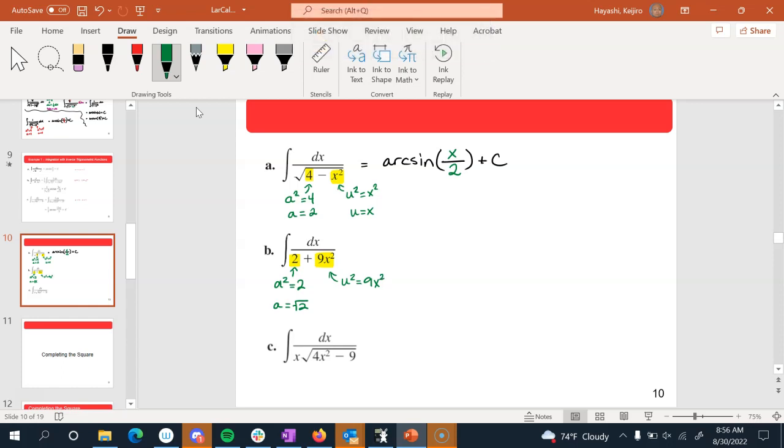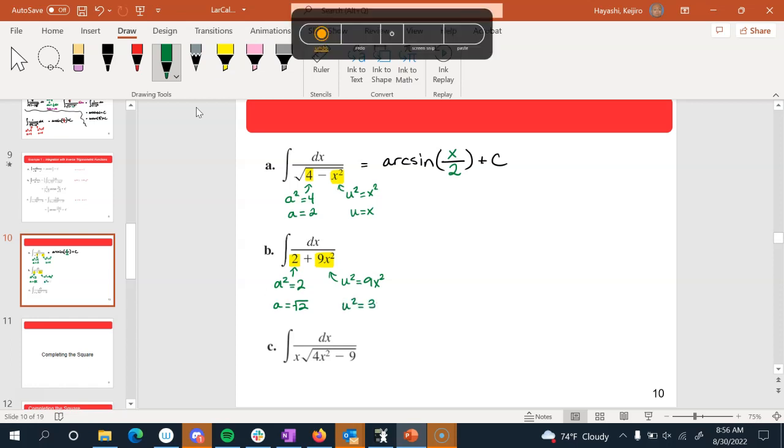And so if you take the square root of 9x squared, what is that going to be? Yeah, right? You want to take the square root of the whole thing. So the square root of the 9 part is going to be 3, and the square root of the x squared part is going to be x. So u is 3x.